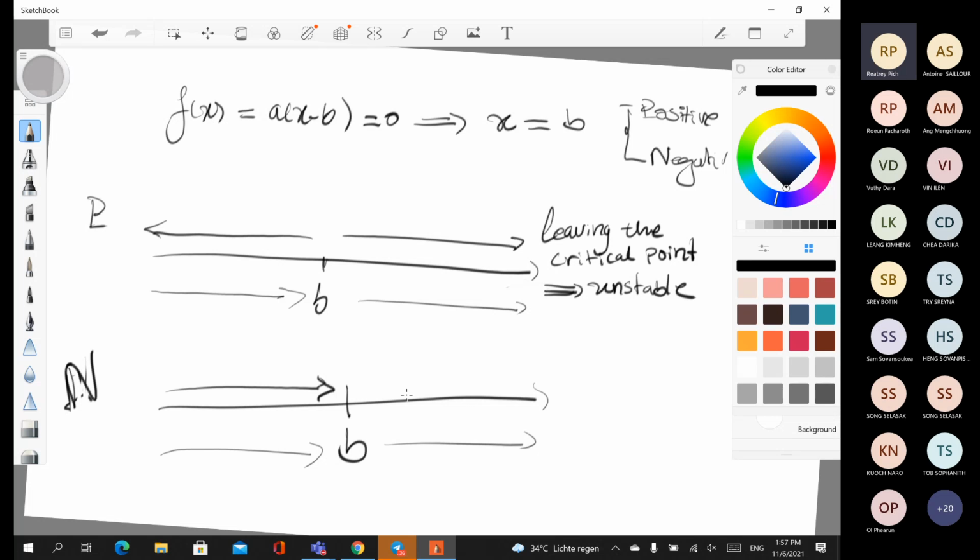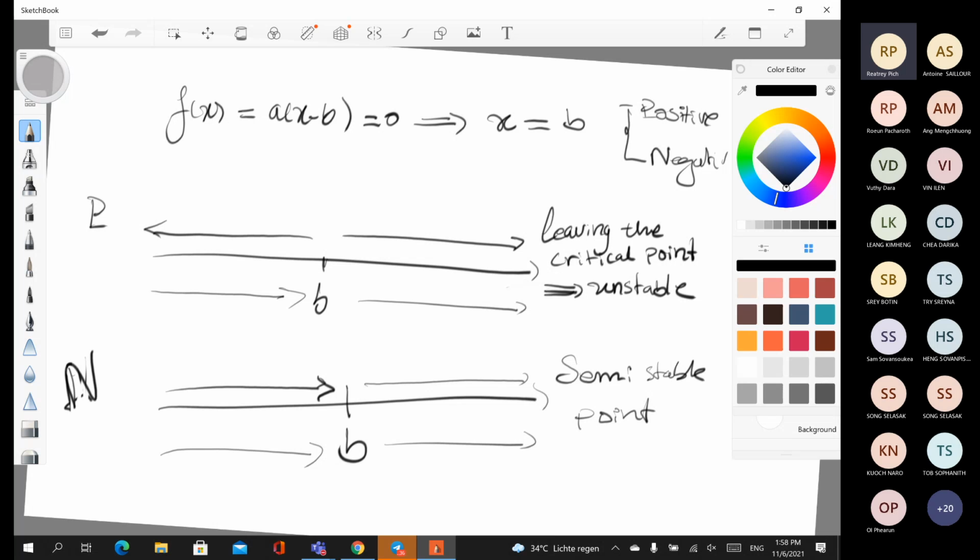So we always have positive and positive. In this case, one arrow tries to reach the critical point and one tries to leave it, so we call this a semi-stable point. This is one theory in the general way.